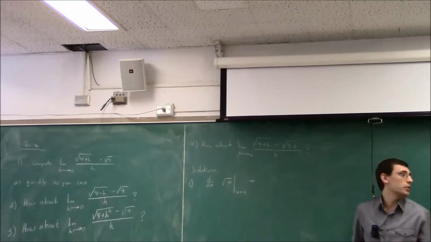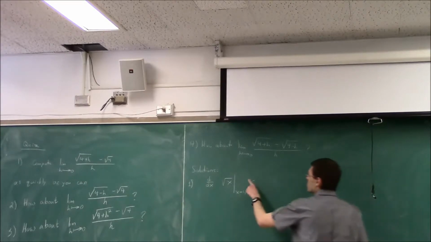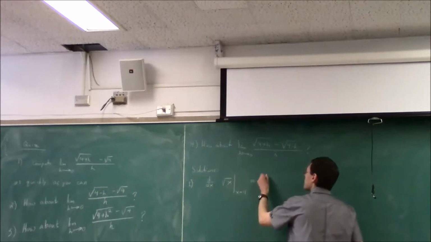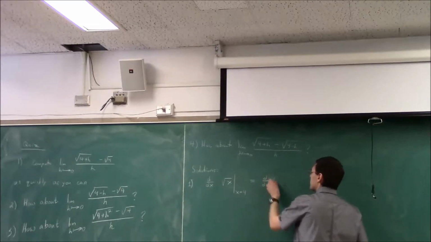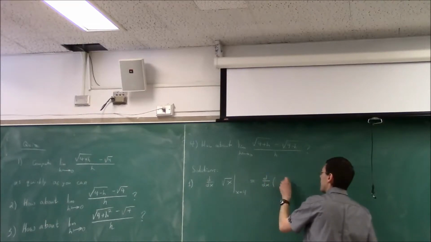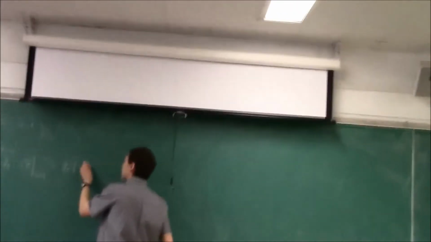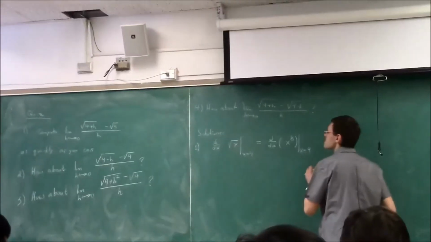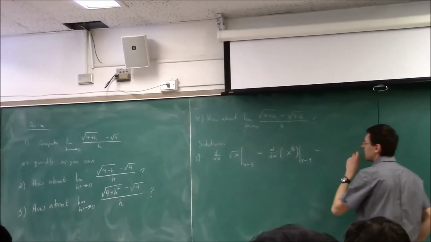Now, that's why you learn shortcuts. Why not use a shortcut? So a shortcut here is the derivative of x to the power of 1/2, where x is 4. And what is that?